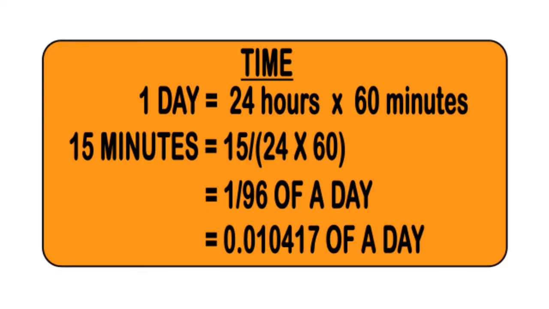There are 24 hours in a day, 60 minutes in an hour, and 60 seconds in a minute. 15 minutes is equal to 1 by 96 of a day, 0.10417 of a day.